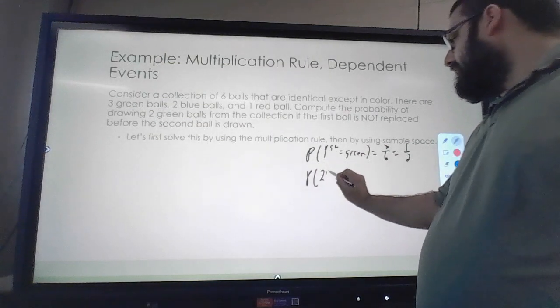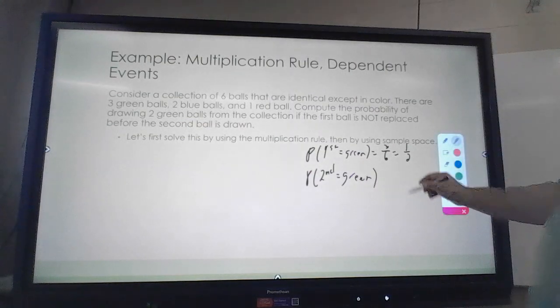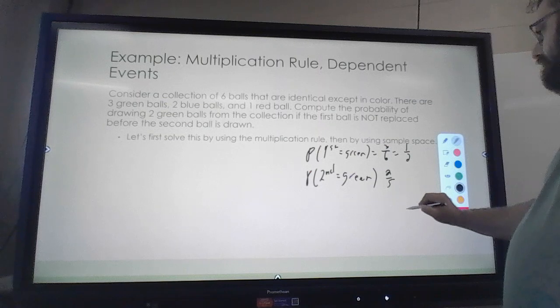So the probability of the second being green, we have to take that into account. So now I have 2 green balls left out of 5.